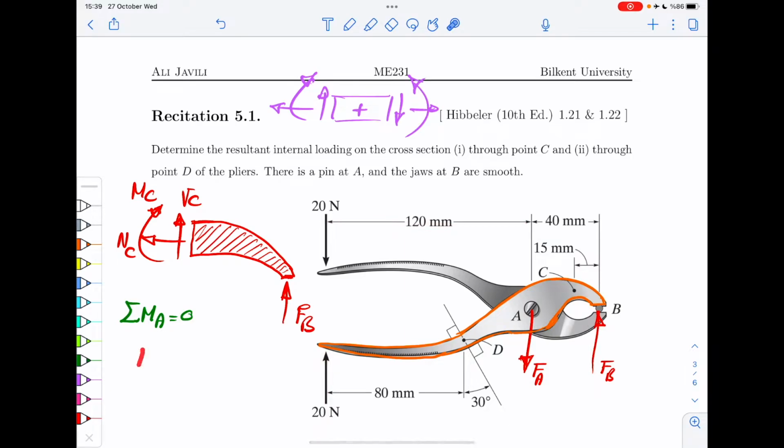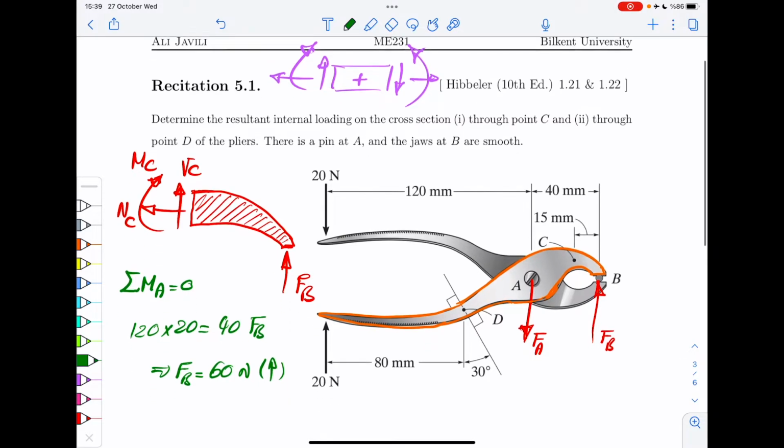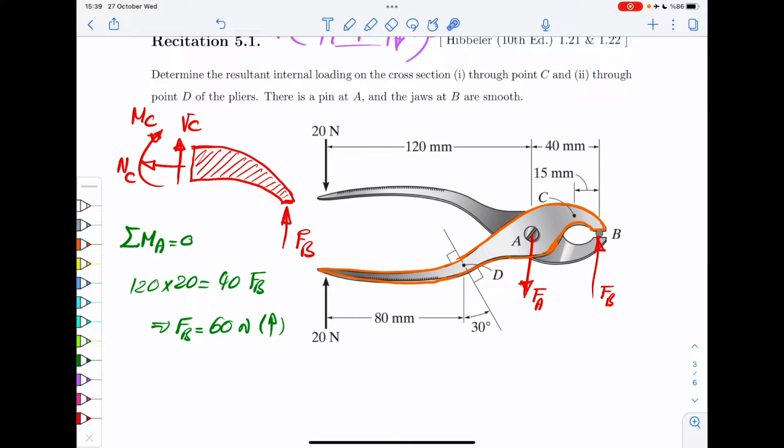So basically 120 times 20 must be equal to 40 times FB. And from that, you can get FB equals 60 Newton. Okay? And that is an upward force, that's the way that we drew it. Now, you come back to this picture.